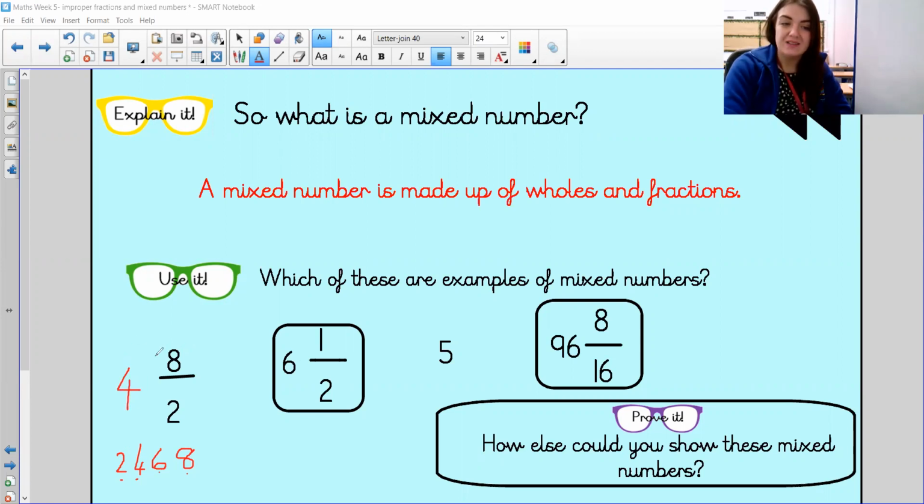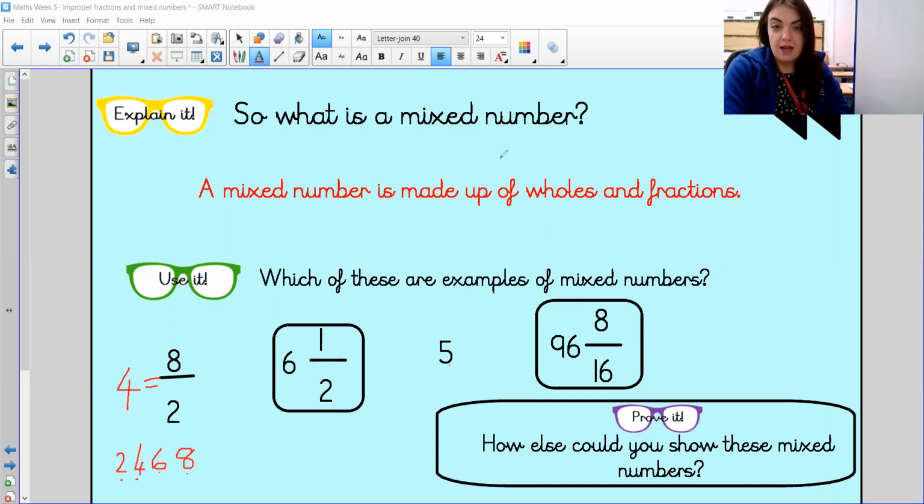But is that going to be a mixed number? Because I haven't got wholes and fractions. That's just a whole. Okay, so is that a mixed number? No. So when I convert it, it's an improper fraction. If I convert it, it is just a whole number, just like 5. Whereas these are mixed numbers because I've got wholes and I have got fractions as well.